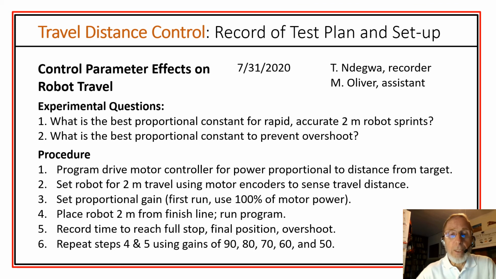And we'll repeat these steps for different gains or different proportionality constants, decreasing down to 90, 80, 70, 60, and 50 in order to see which of these might give us the best control.